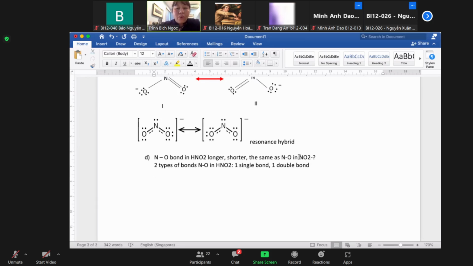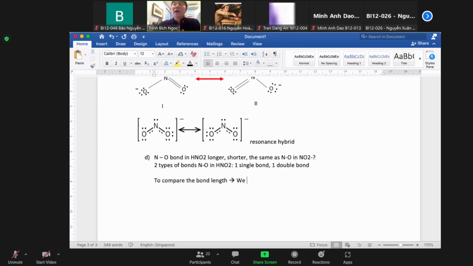The NO in the bonding NO in NO2 minus, you know that it has a hybrid resonance, hybrid bond, okay, between a single and a double bond, okay? So to compare the bond length, so we pass by the bond.